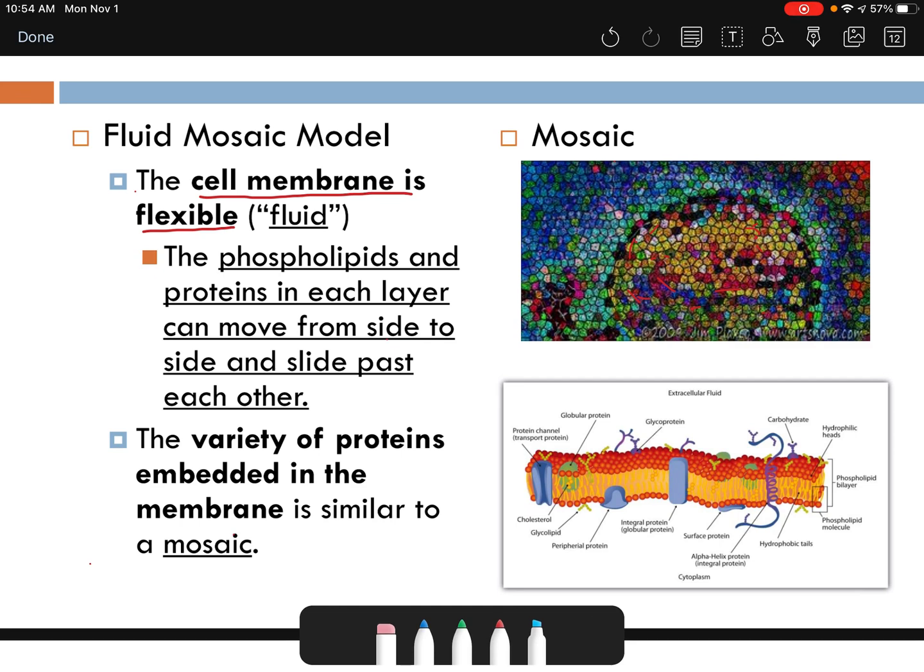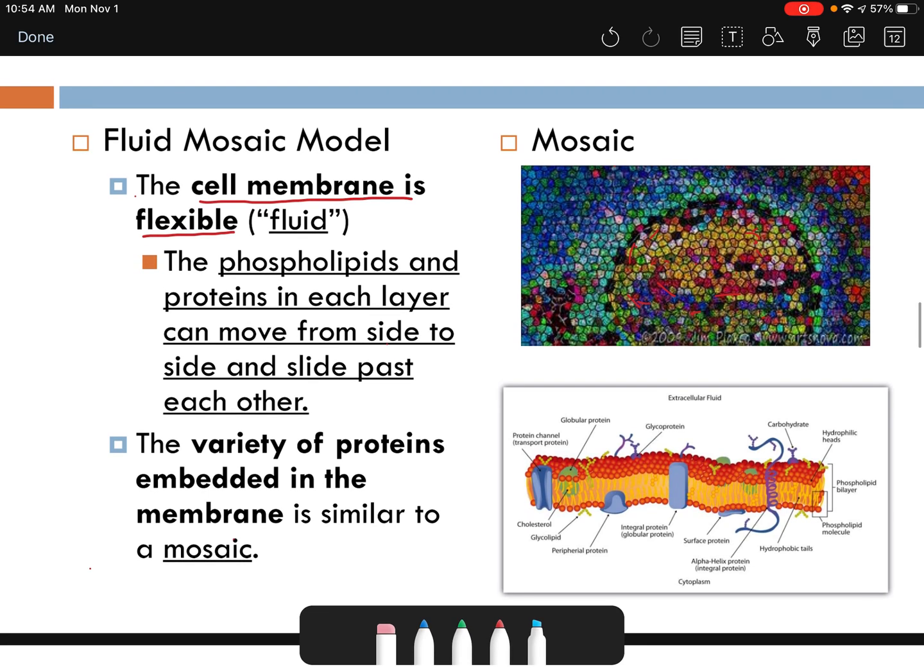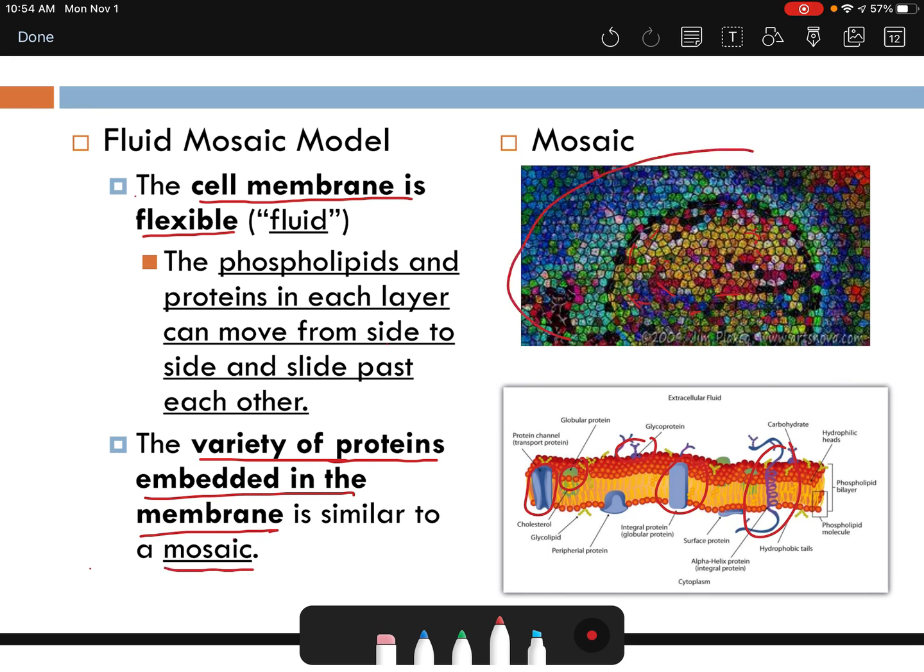But there's also a whole bunch of proteins embedded in the membrane. Okay? See all these different proteins? There's all sorts of proteins embedded in here. That's what makes it a mosaic. Okay? If you've ever seen a mosaic like this where all these different tiles are put together, sometimes they form kind of a shape of, an image of some sort, or maybe it just might be just different colors.